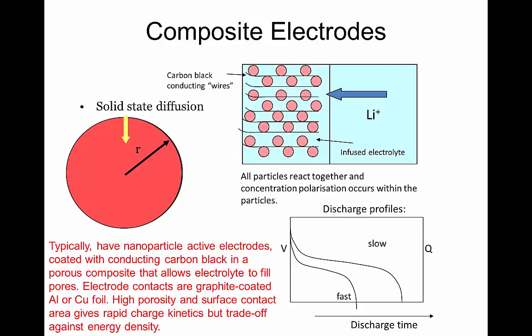You can see that schematically we're showing a slow and a fast discharge profile. For a fast discharge, it will occur obviously more rapidly, but the total charge that can be passed also will be significantly less than for a slow process. And so whether or not we can have fast charge-discharge processes will depend very much on the microstructure of the composite.